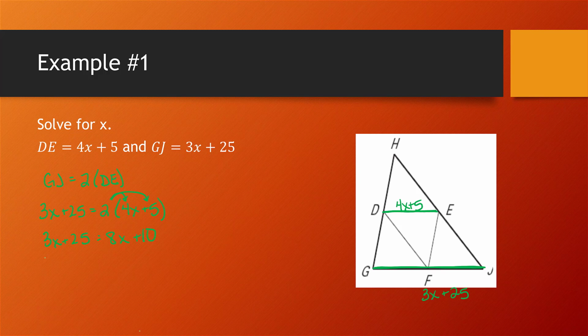I'm going to move my 3x over. Now move the 10 over. We're trying to get x by itself. And finally divide by 5. So in this case, x equals 3.